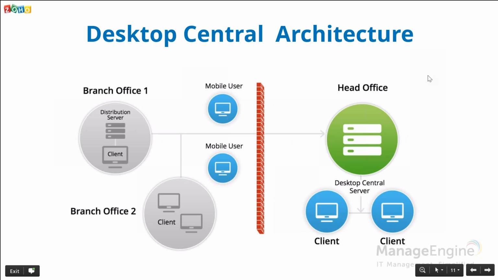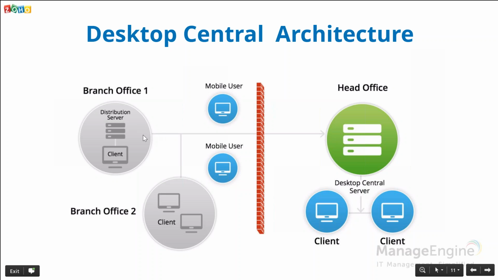For the customers who have joined the training session for the first time or who are new to the product, I'd like to first touch on the Desktop Central product architecture. As you can see, you have the Desktop Central Server installed in your head office, and you need to push the agents on all the machines which you wish to manage. Once agents are installed, they will contact the main server, check for any tasks and execute them on the client machines.